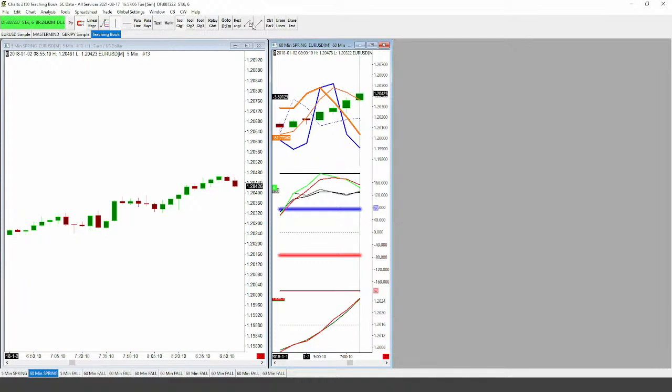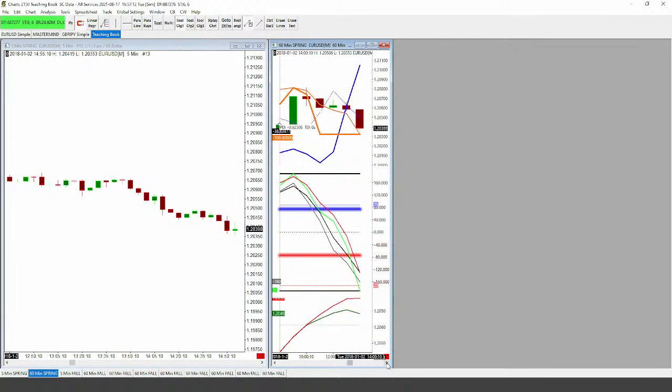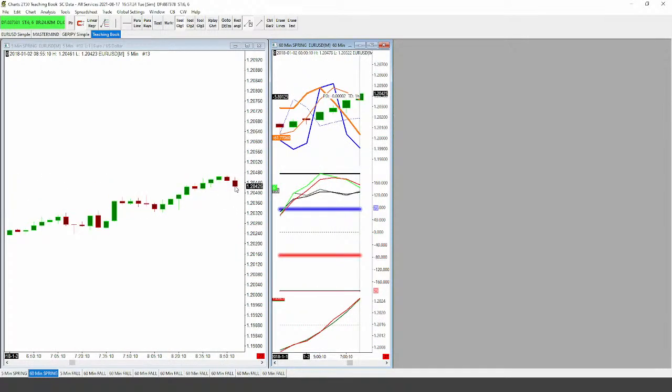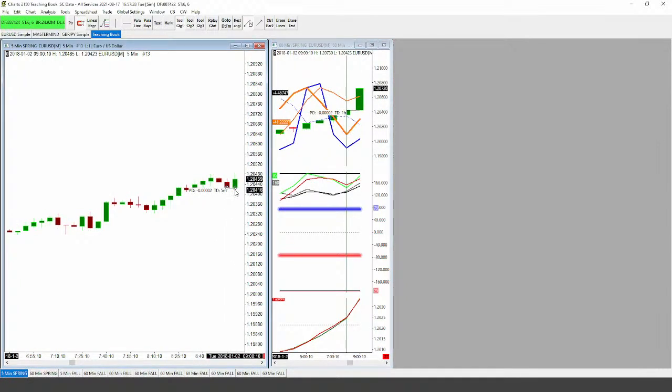Okay, so let's go 6 candles from this point. 1, 2, 3, 4, 5, 6. Okay, what is the most it went in our favor? Right there. 2 micro pips. Okay, so check this out. What is the most it went in our favor? Let's look at a 5-minute. 2 micro pips.